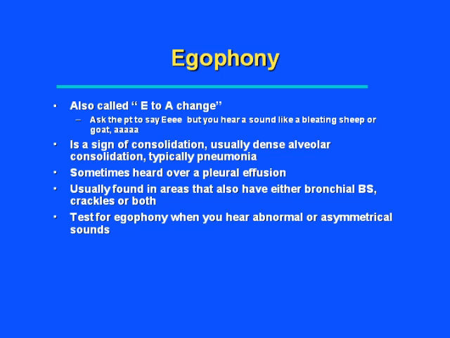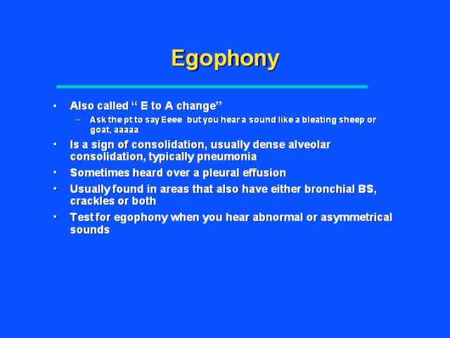But if they actually say E and you're listening over normal lung, it will sound generally like an E, but somewhat muffled. Whereas if you listen over consolidated lung, it will sound like ah. So it's a sign of consolidation, usually requires somewhat dense consolidation, typically pneumonia, and typically a pneumonia like pneumococcal pneumonia that can produce very dense consolidation.